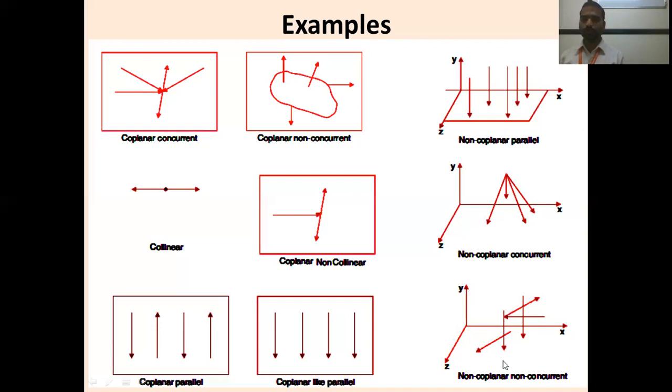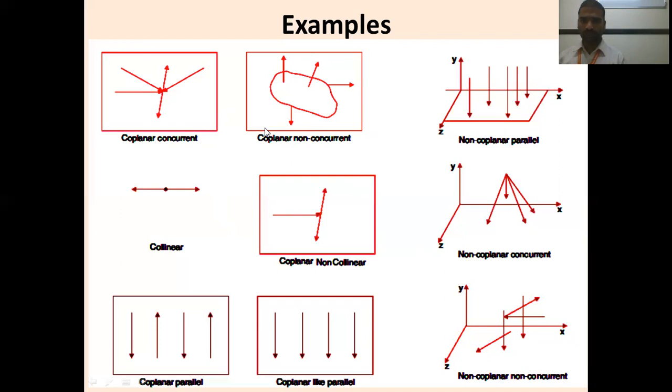Next one is also non-coplanar because there are x, y, and z axes, but the forces are not all acting at one single point. Then such a force system is called a non-concurrent force system. Okay, clear? Non-coplanar, non-concurrent force system. These are the different types of force systems.